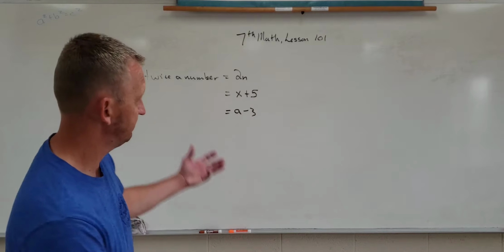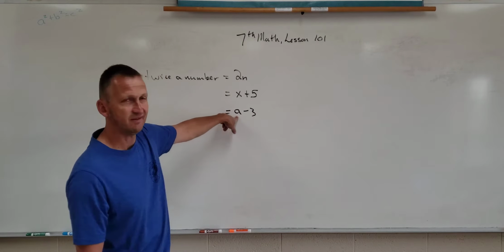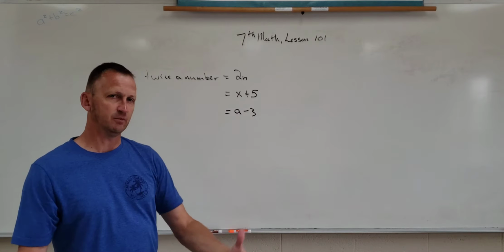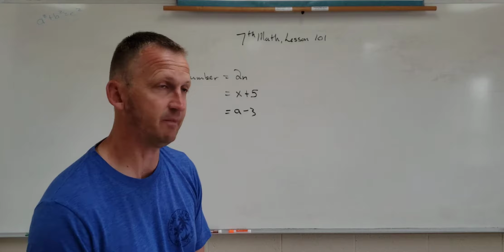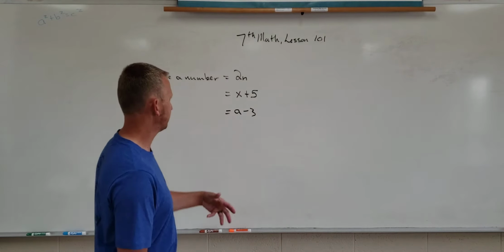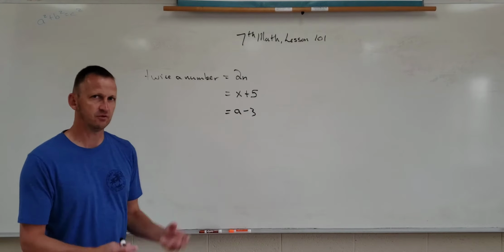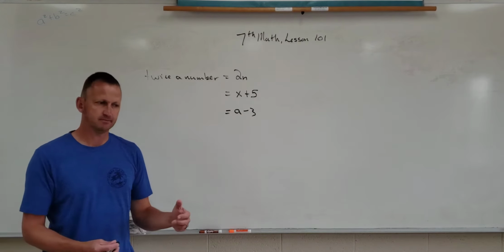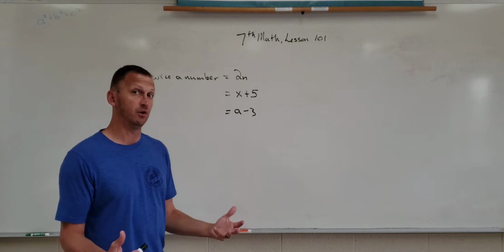Now, if you are looking at this, you'll realize that we have different letters. Variables. We don't know what those numbers are. We haven't solved an equation with them yet. You can use any letter. These could all be X, they could all be N, they could all be A, whatever. So don't get caught up on what letter you should put in for the number you don't know, okay?